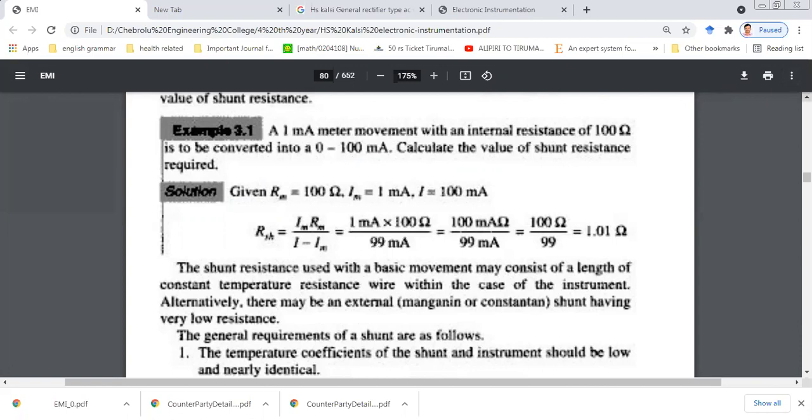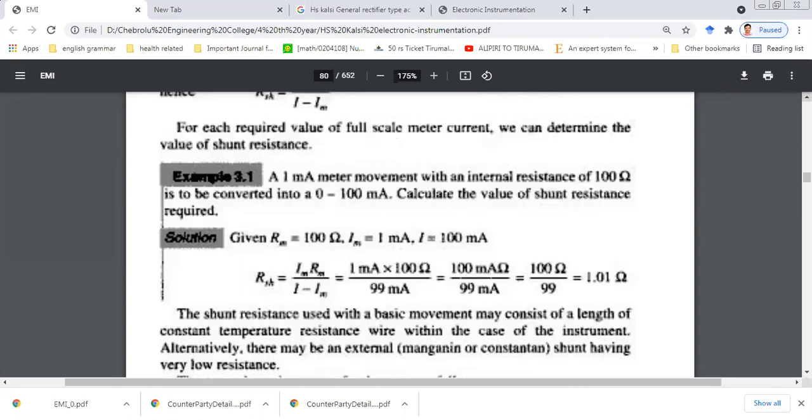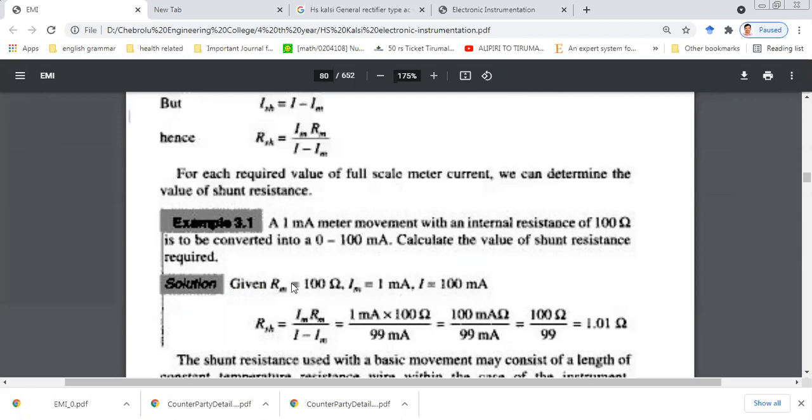With the previous equation we can solve this. Rm is 100 ohms, Im is 1 milliampere, and I is 100 milliamperes. With that you will get a shunt resistance of 1.01 ohm.